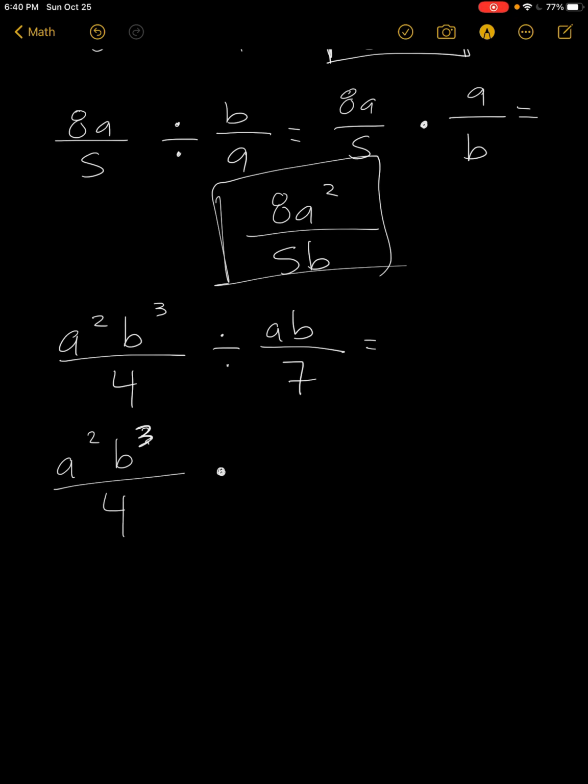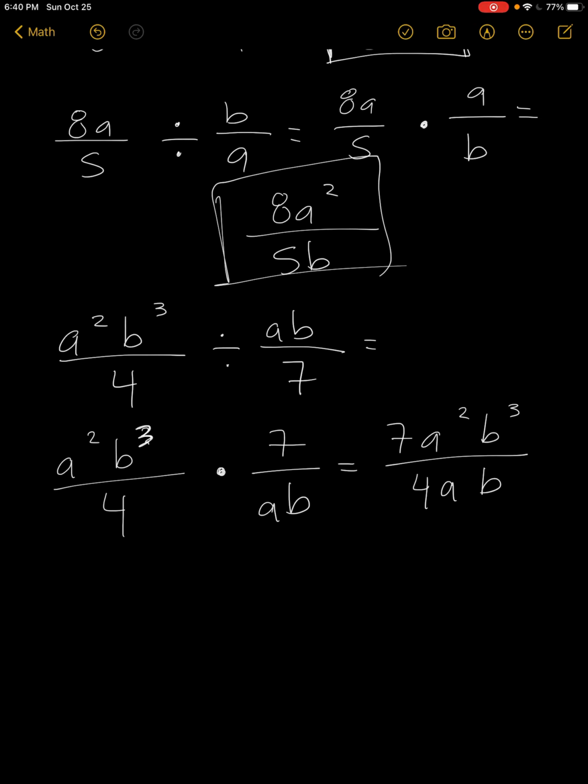Oops, 3. Change this to multiply. And we're going to flip that second fraction to its reciprocal. Okay, and then I multiply, or if you want, you can simplify first. I'm just going to multiply, and then I'll simplify.